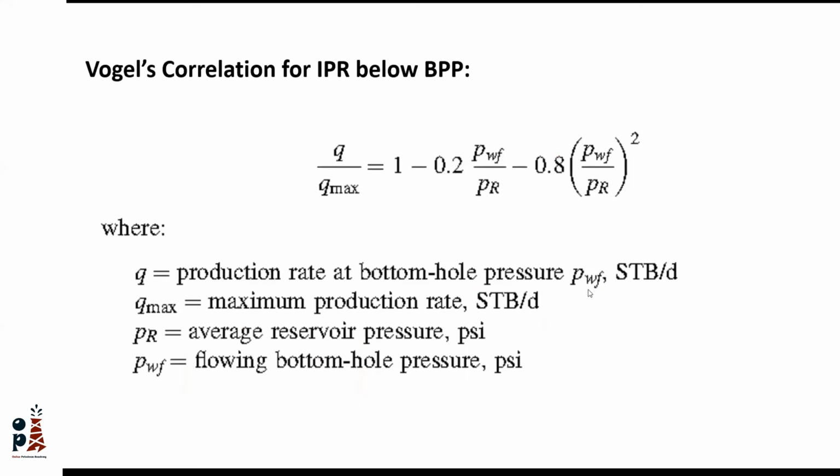This is the Vogel correlation to describe flow of fluid inside the reservoir for a fluid flowing at a pressure below the bubble point.